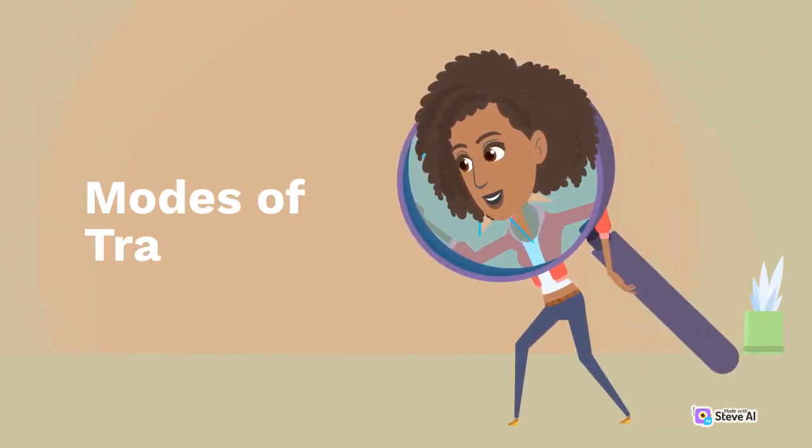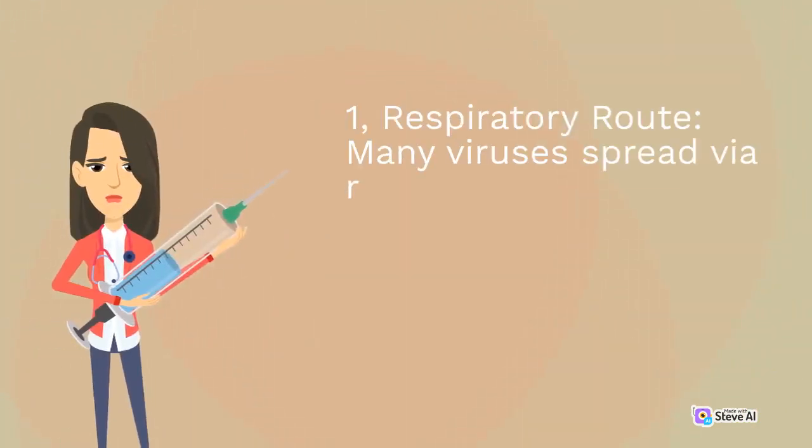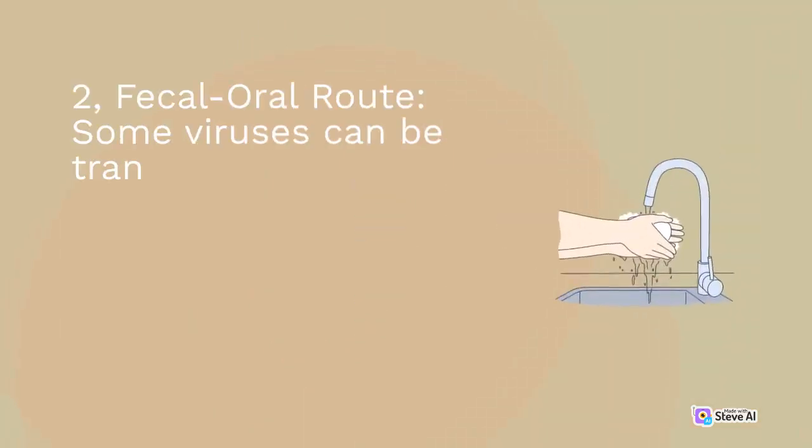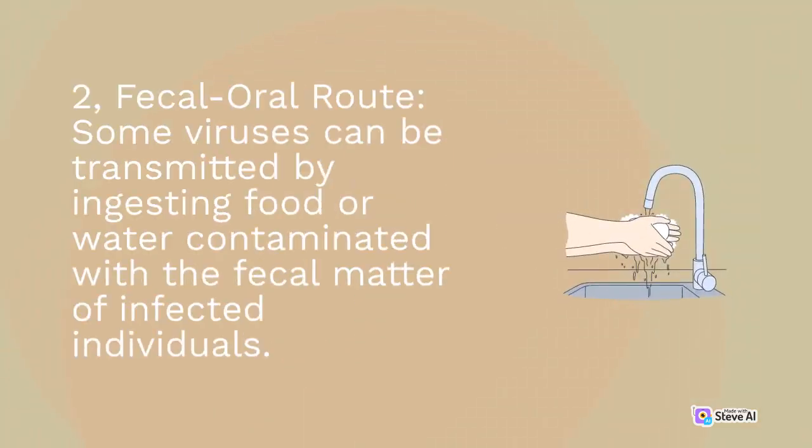Modes of transmission. 1. Respiratory route. Many viruses spread via respiratory droplets generated when an infected person coughs, sneezes, talks, or breathes. 2. Fecal-oral route. Some viruses can be transmitted by ingesting food or water contaminated with the fecal matter of infected individuals. 3.